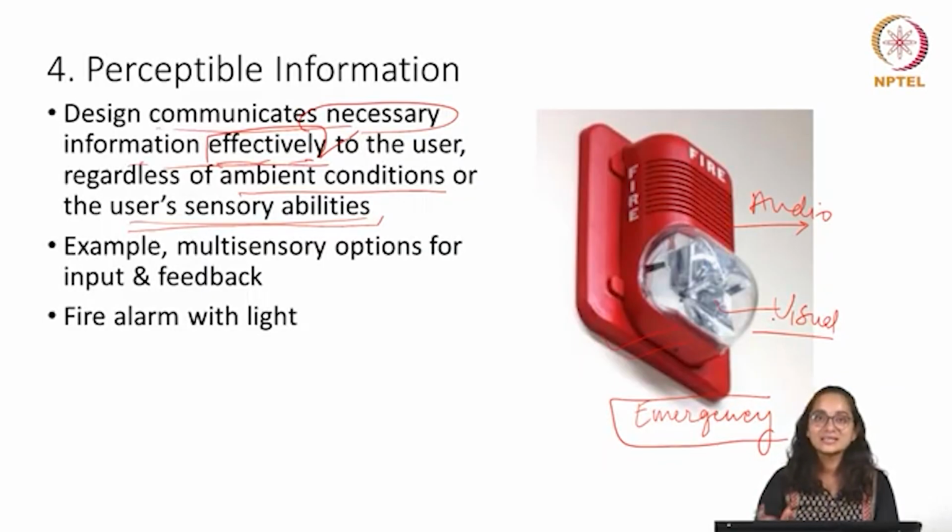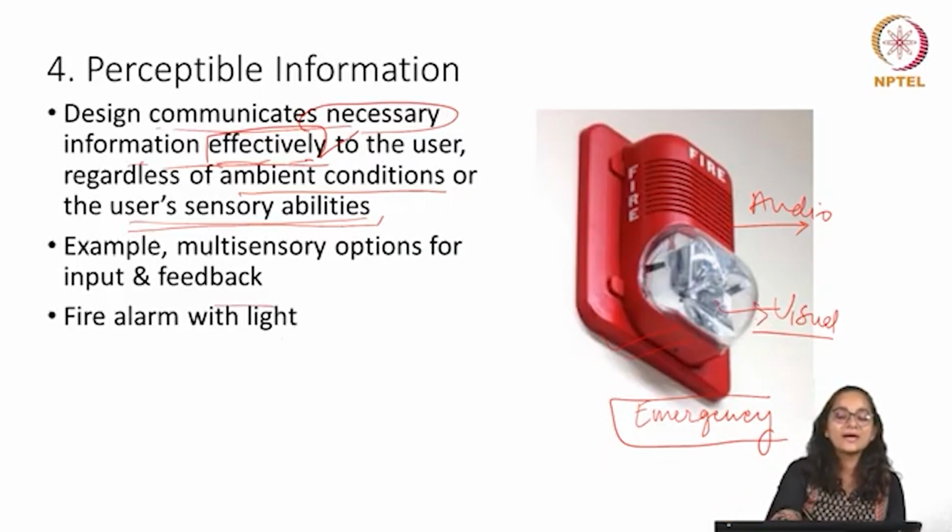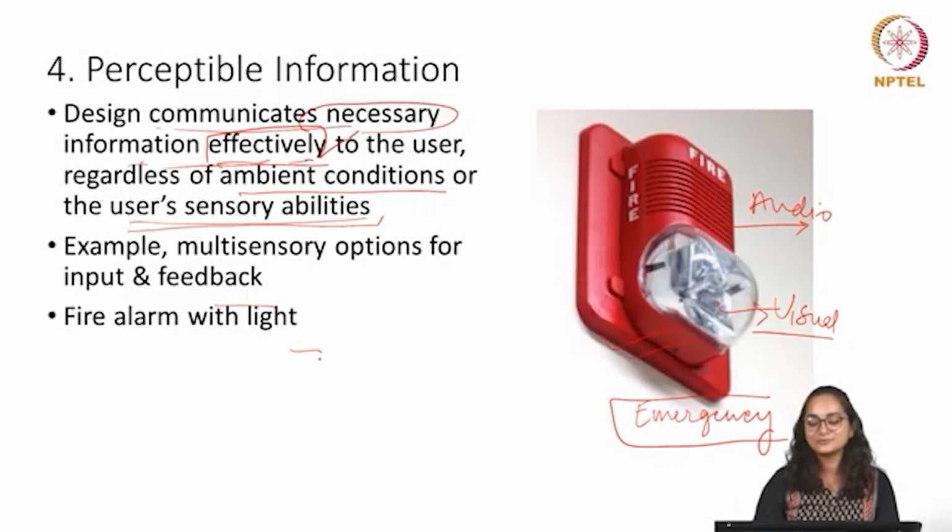Many a times you are right next to them, trying to tell them to shift or move, but they don't listen, because they are unable to hear that information. So, for them also this multi-sensory kind of feedback system can be helpful.